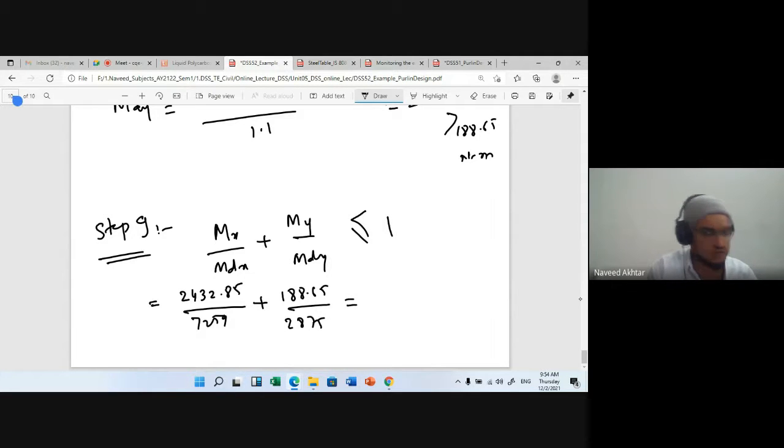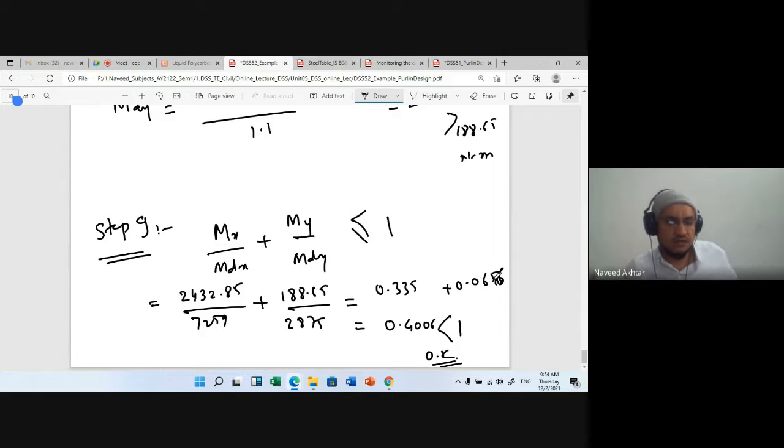If I write this value, I find 0.335 and 0.0656. If you do the addition, it will be coming 0.4006, which is less than 1. So our design is okay. Our section is okay.